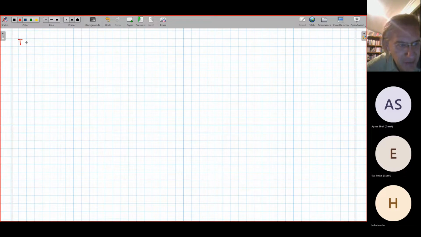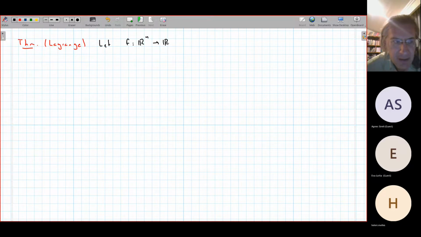And Lagrange's theorem is the following result. Okay, as usual, the objective function is going to be a function that goes from Rn into R. And we are going to have constraints, identity constraints, which are going to be summarized by the function g.